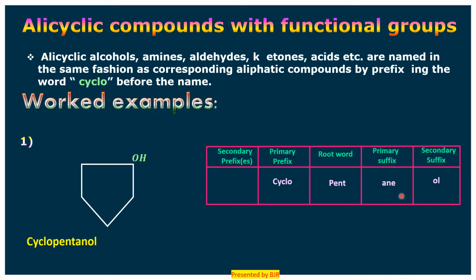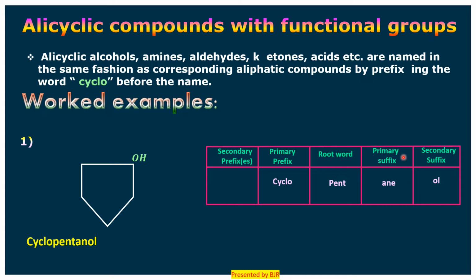See here, the e from the primary suffix ane has been dropped while writing the name. The terminal e of ane or ene or yne is dropped when it is followed by a suffix beginning with a, i, o, u or y.